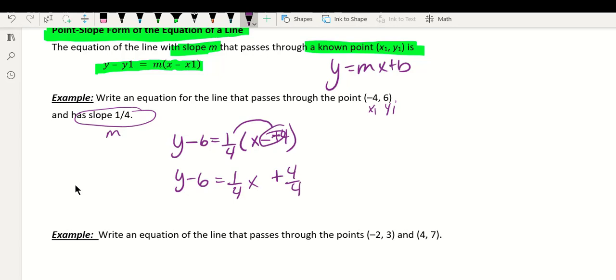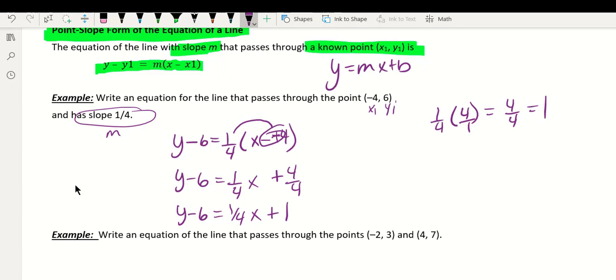Now you're wondering, how did I do that? So 1/4 times 4, right? Well, this 4 is over 1, and then this is 4 over 4, and 4 over 4 is just going to give me 1. So y minus 6 equals 1/4 x plus 1.